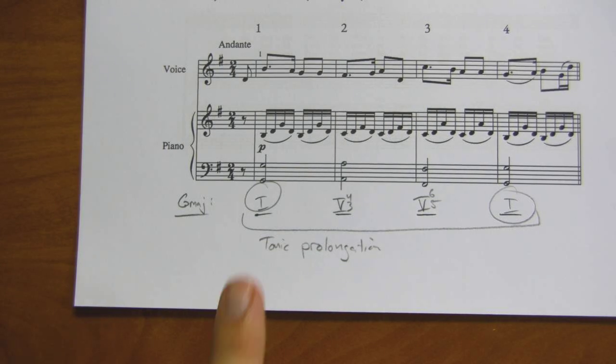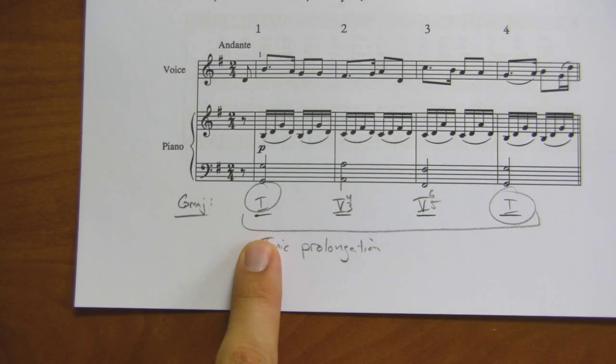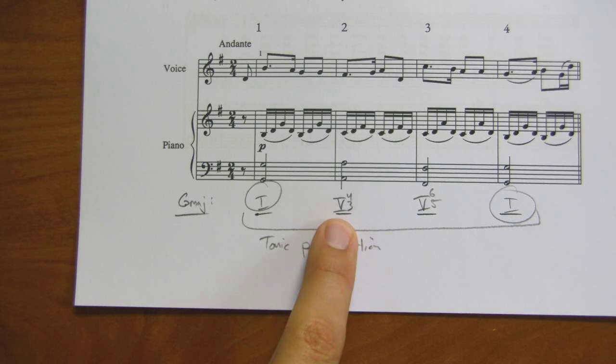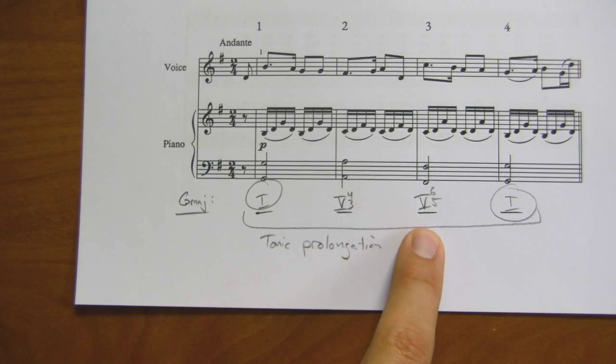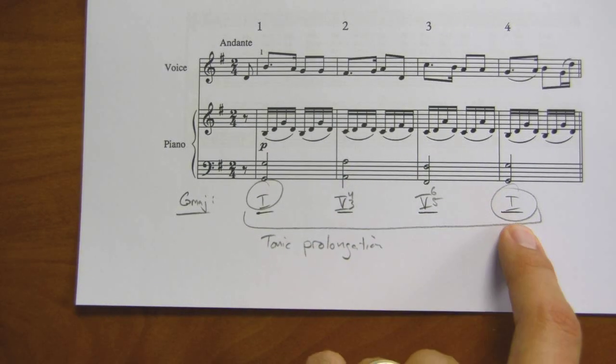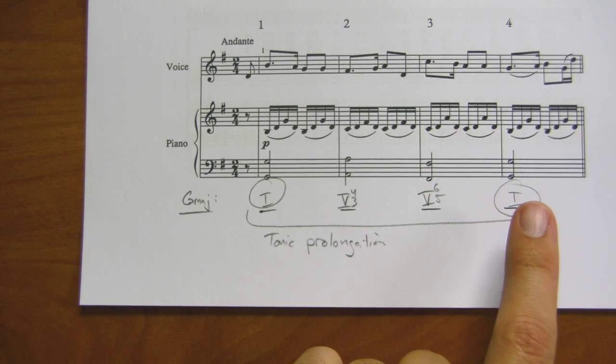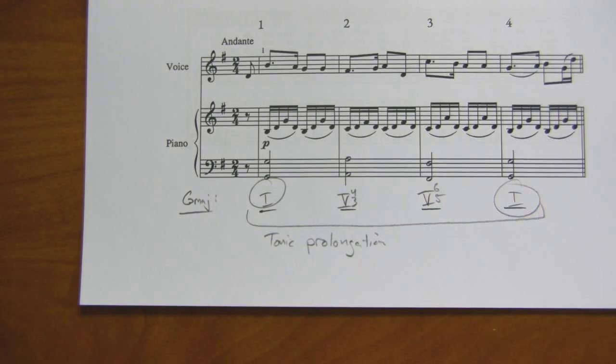So you have this 1, 5, 4, 3, 6, 5, 1, 6, 4, sharp 4, 5, 1. So you can hear a big difference, right, in that interchanging 1, prolonging 1, versus actually moving up towards a cadence.